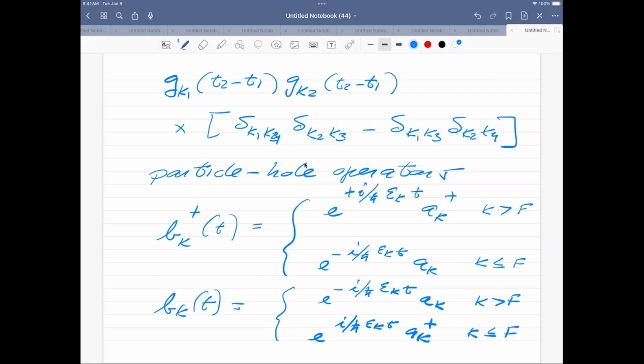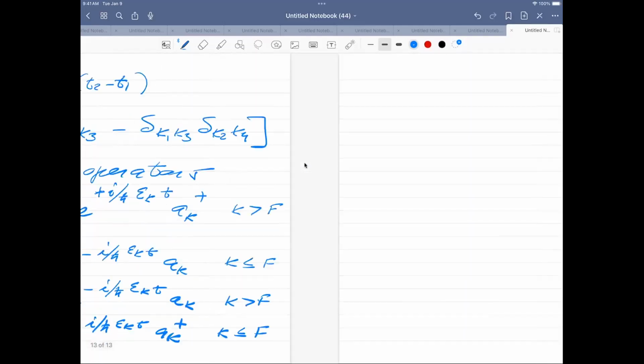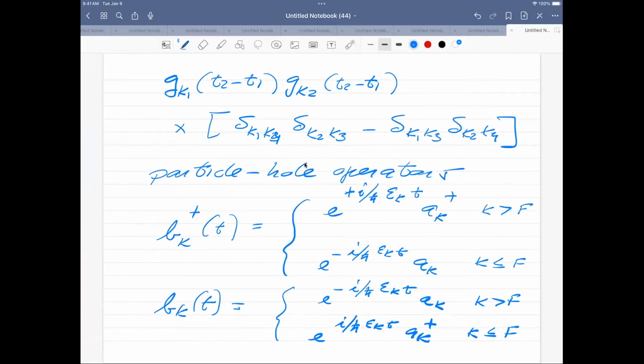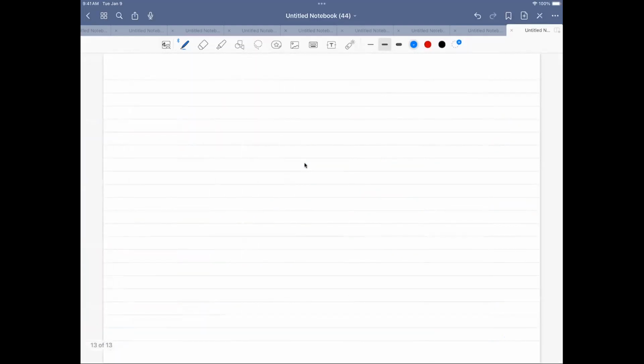contractions. So if I'm looking at a contraction between two operators, let me just change page here. If I take this b_k at t1, and then b_k' at t2, this takes now two possibilities.